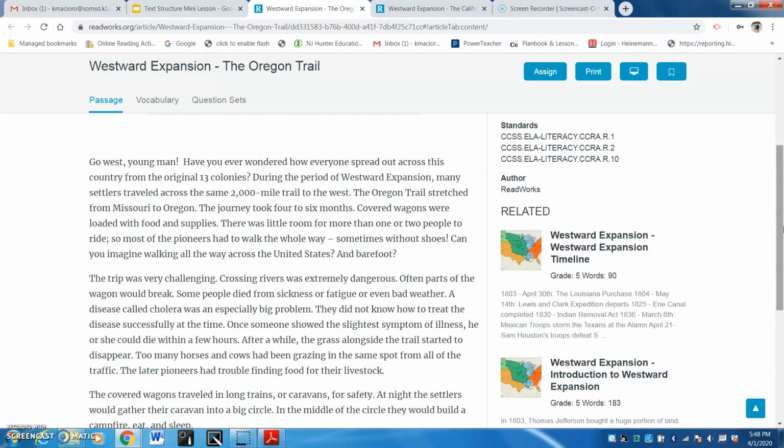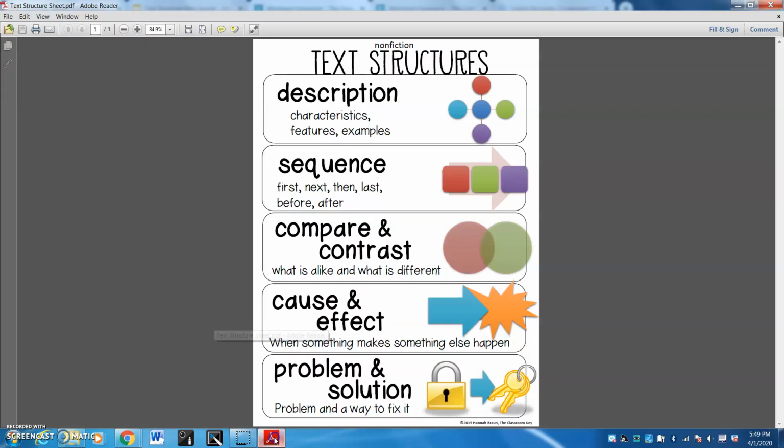Okay, just take a moment, think to yourself, what is the paragraph telling you, and what text structure could it be? Okay, so we're thinking about what text structure this first paragraph could be, so let's go back to our charts. We have description, sequence, compare and contrast, cause and effect, problem and solution.